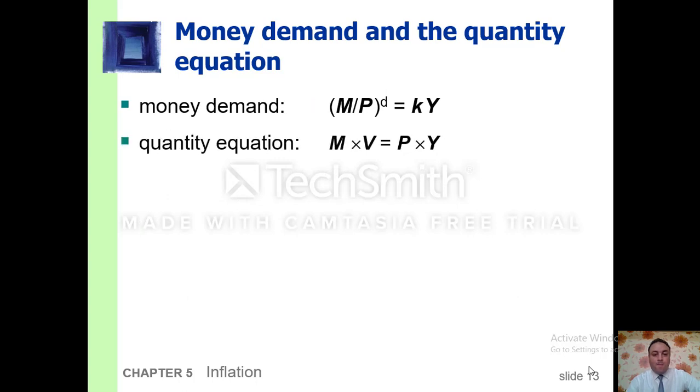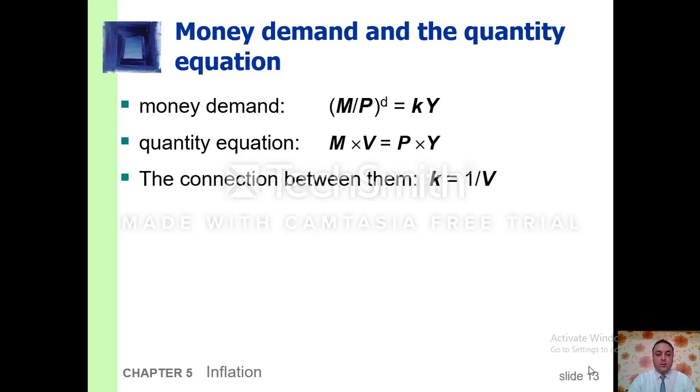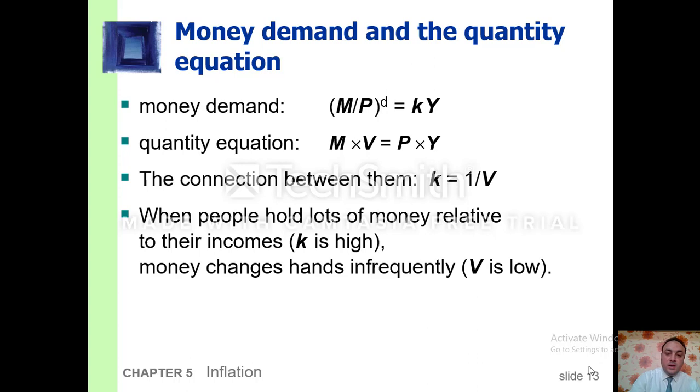So as we see here, the money demand equation and the quantity equation. The connection between them is that k is the opposite of V, velocity. So k equals 1 divided by velocity. When people hold lots of money relative to their income, in this case k will be high.